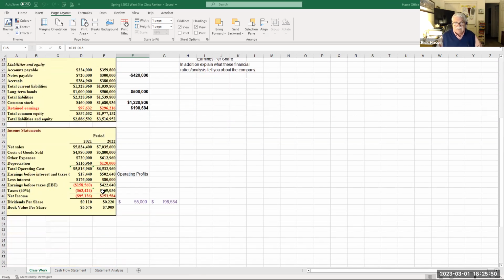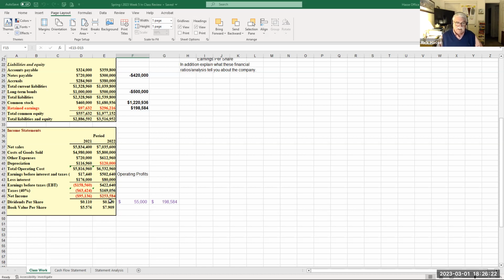Then you have income statements. The income statement is a statement for a period of time, usually 1 year, but you can do income statements and financial statements on a quarterly basis, even monthly. But the most important one is for the 12-month fiscal year of the company, where you report the sales of the business, revenues, and the expenses, and the interest that you pay on your debt, and the taxes that you pay the federal government.